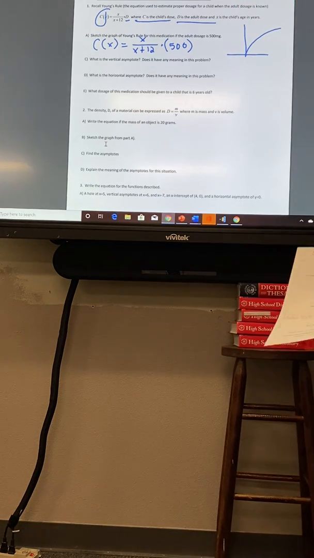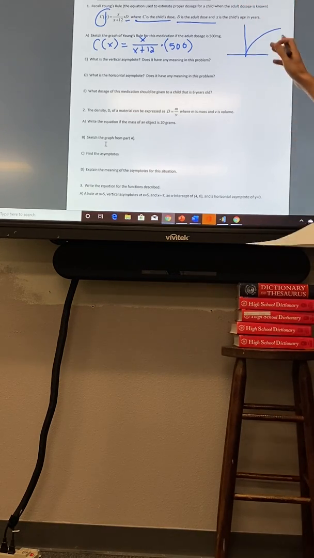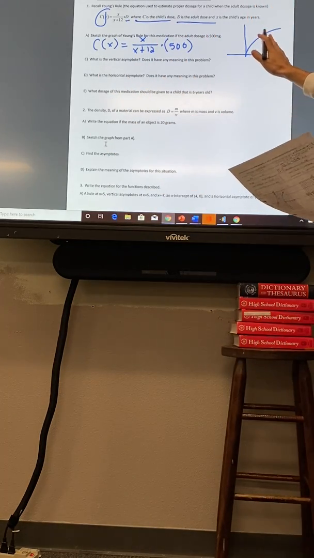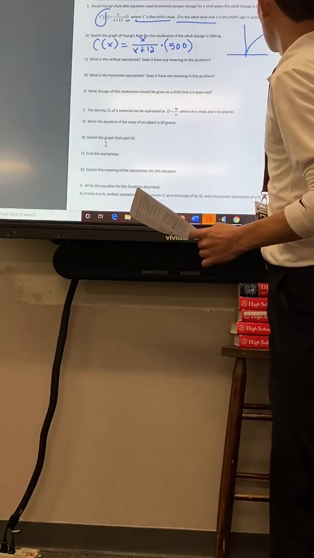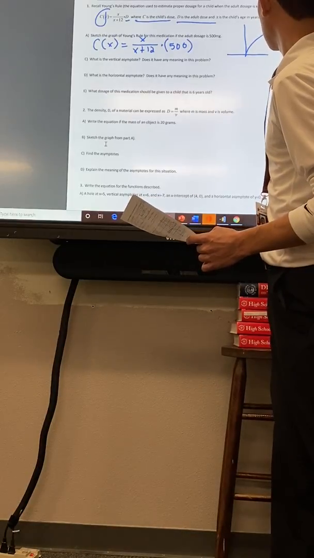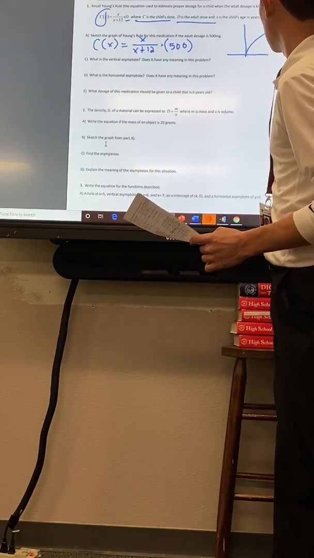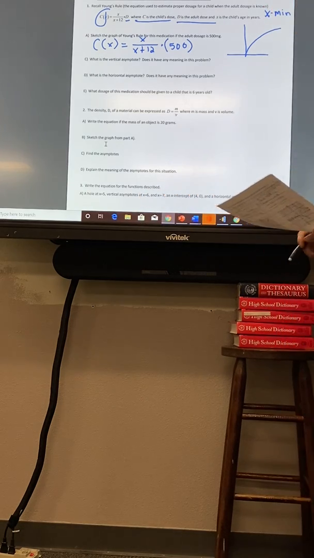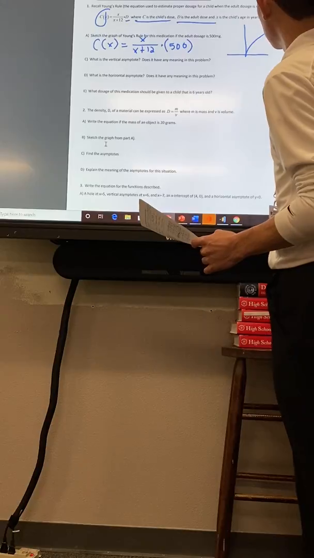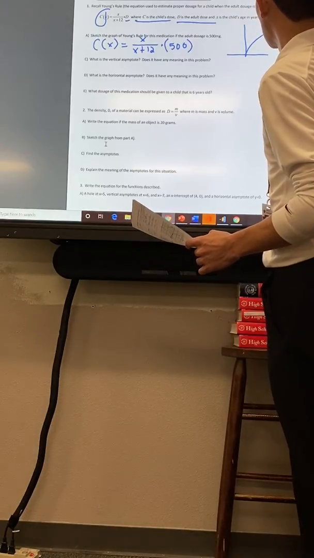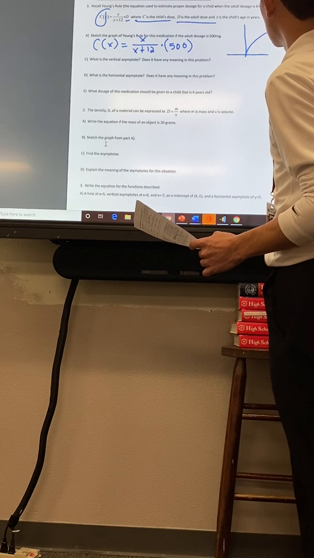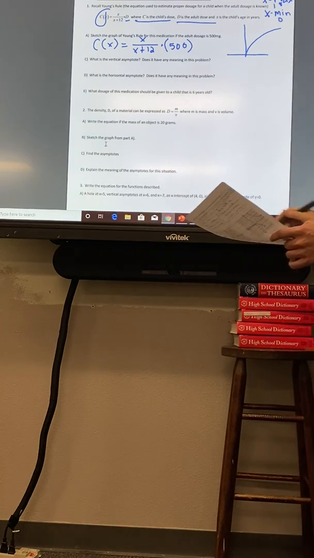Okay, so we need to be sure that we fix our window to adjust it in a way that it appears more like this. So we want our X window, our X min on our window to be at 0. Our X max at our window to be at 18.